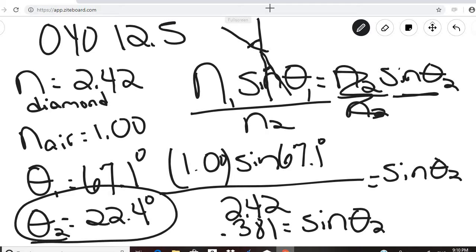So the angle of incidence is 67, and the angle of refraction is 22.4. Okay, so that is on your own 12.5. And then lastly, we will do on your own 12.6.